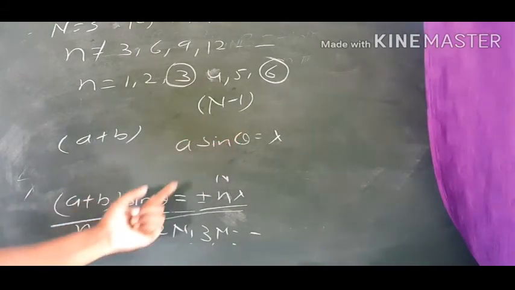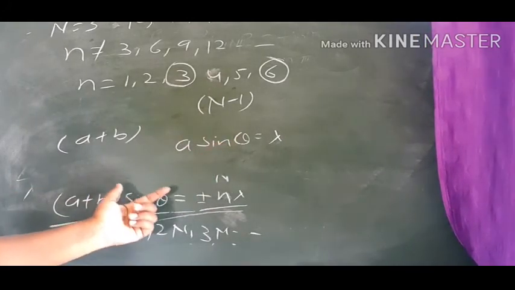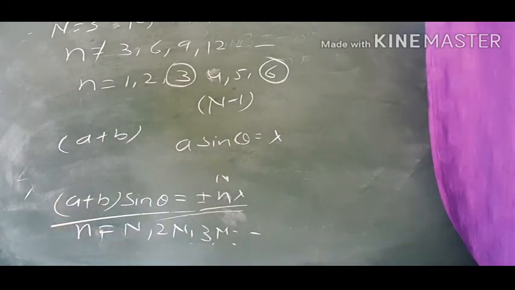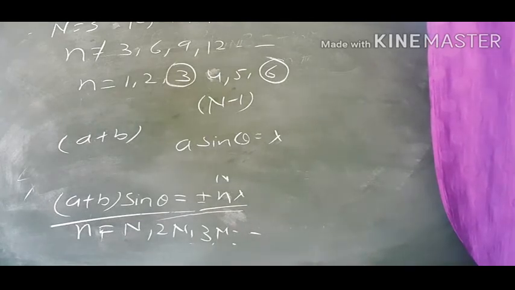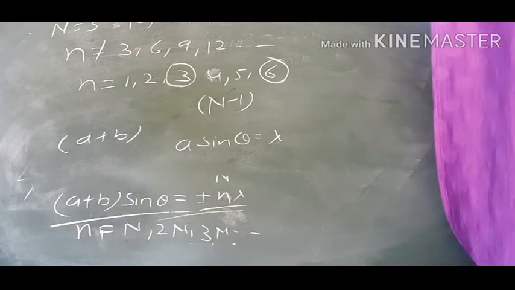So for the same value of theta, both equations are satisfied. In that case, the principal maxima of nth order will be absent.